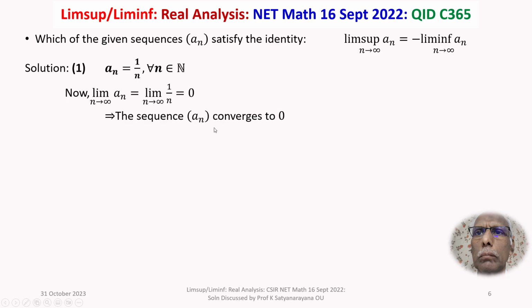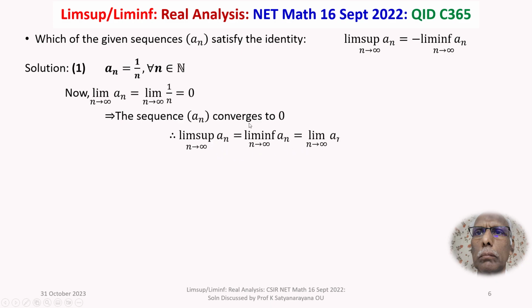When a sequence converges, then both the limit superior and limit inferior exist, and they are equal to the point of convergence of the sequence a_n. So here the sequence a_n converges to 0. Therefore, limit superior is equal to limit inferior is equal to the limit of the sequence, which is 0.